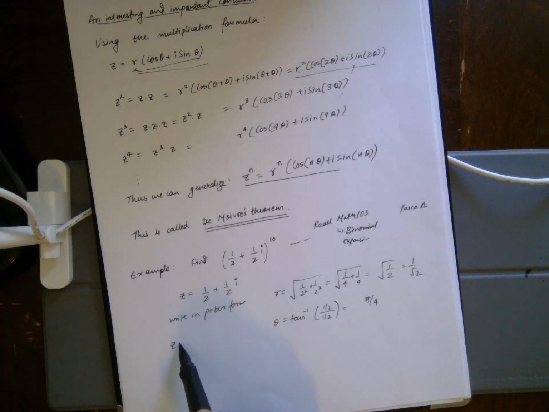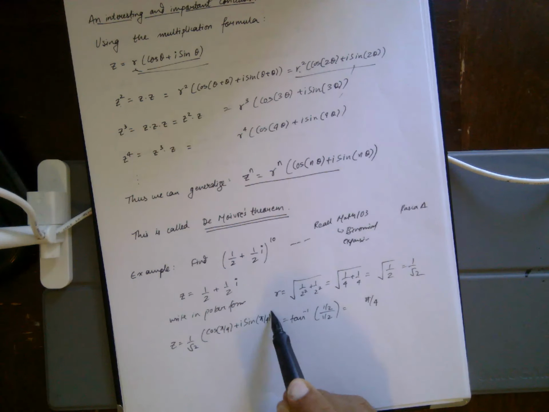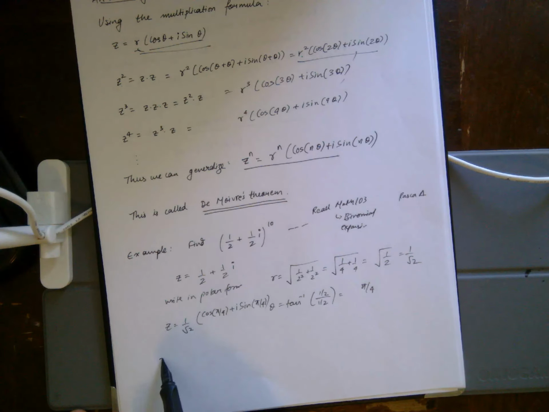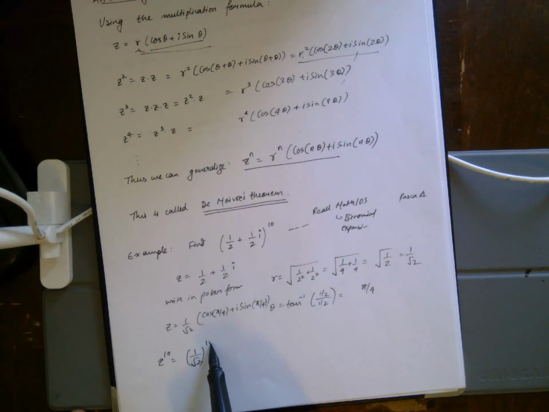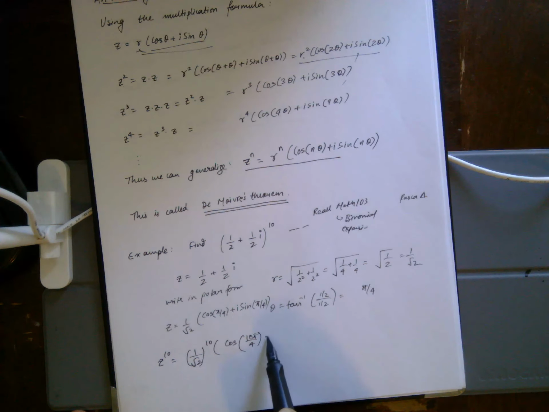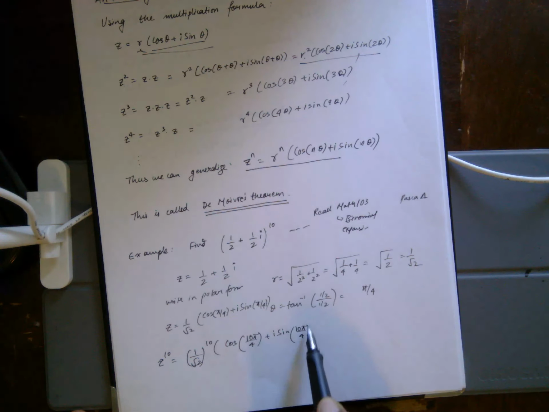So z is just 1 over root 2 times cosine pi over 4 plus i sine pi over 4. What I'm trying to find is z to the power 10, and that's just going to be 1 over root 2 to the power 10, cosine of n times the angle, so 10 pi over 4, plus i sine 10 pi over 4.